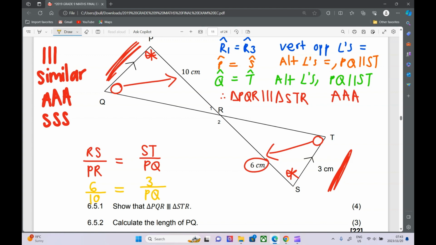How we can do this is we can actually just multiply across. That's just a quick trick for doing it. So 6 times PQ is equal to 3 times 10, which is 30. We want to take that 6 across. So PQ is equal to 30 divided by 6, because if you take the 6 across, you do the opposite. So PQ is going to be 5 centimeters.